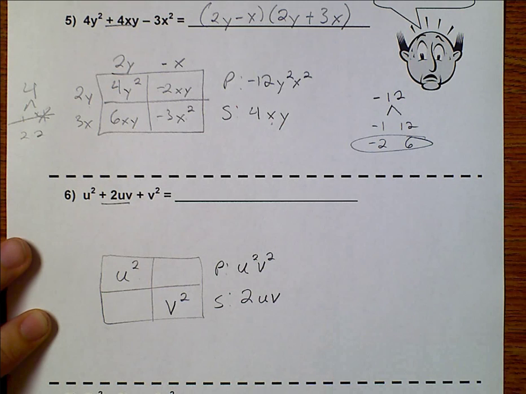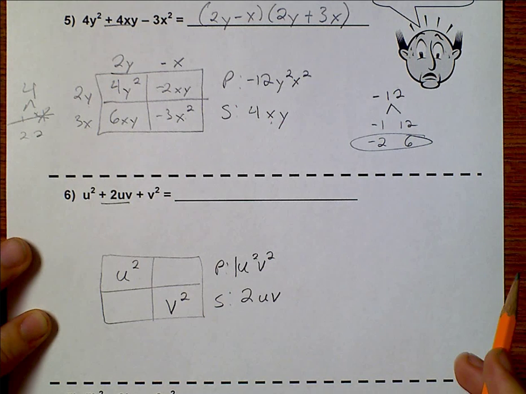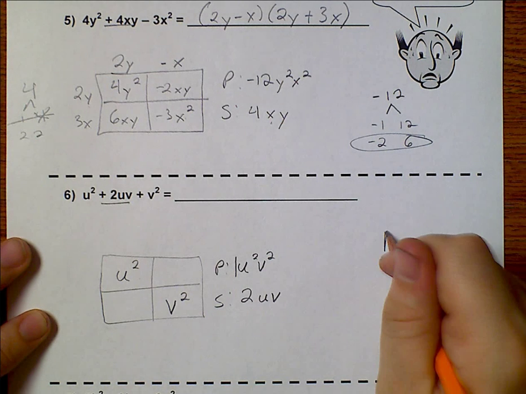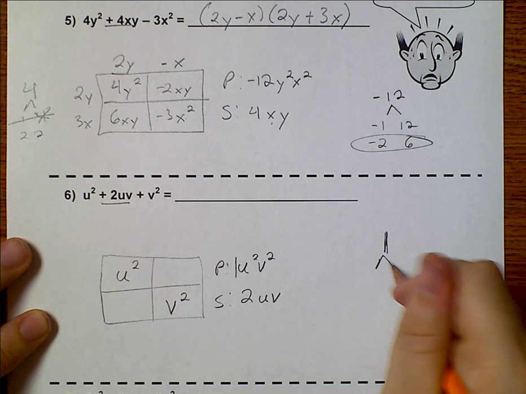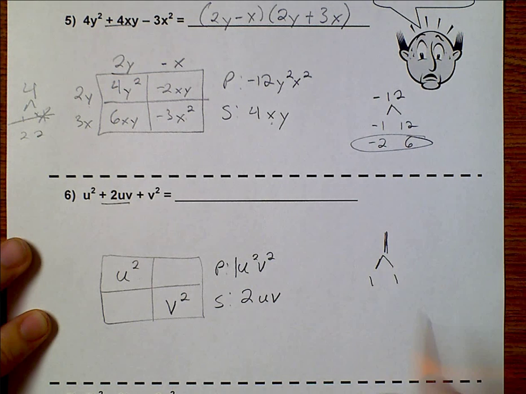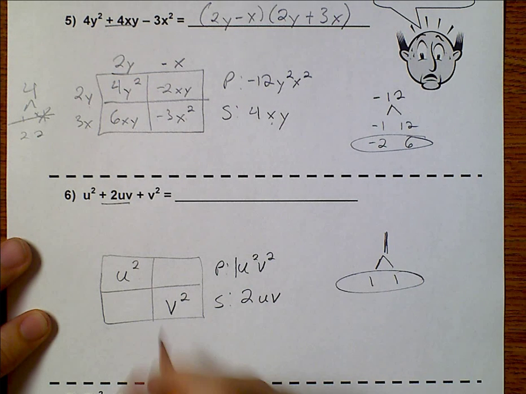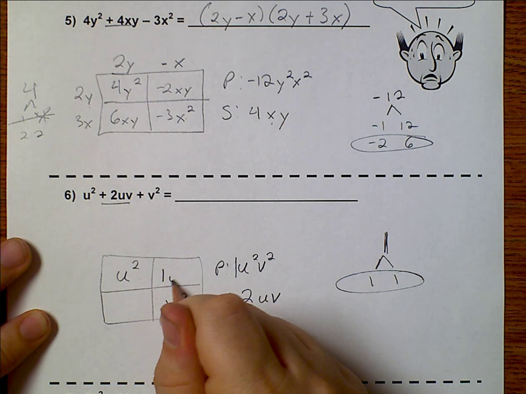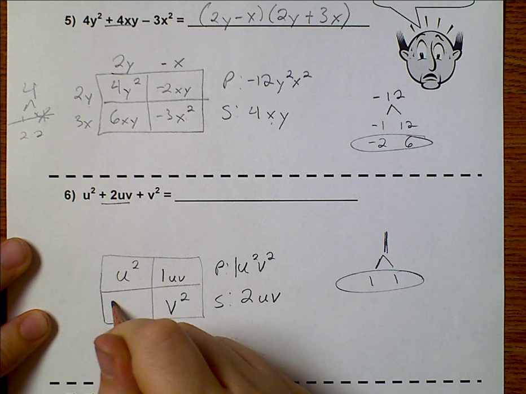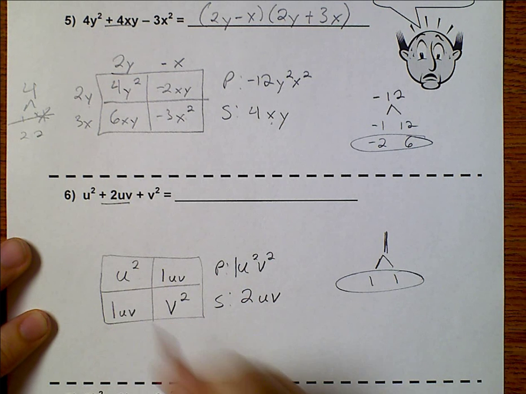Now, when you don't have a number in front, then that number is 1. So essentially, I need to figure out what multiplies to 1 and adds to 2. Well, that's simple. 1 and 1. So that would be 1 UV and 1 UV.